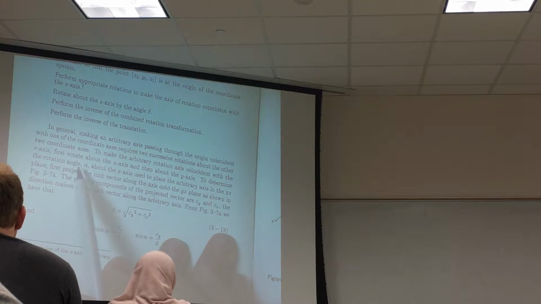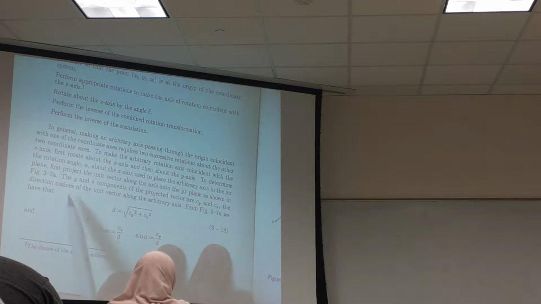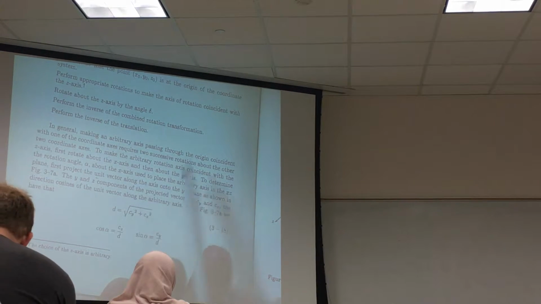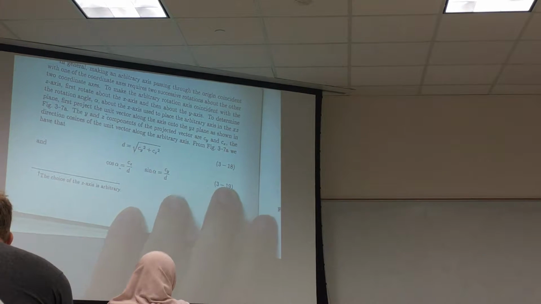To determine the rotation angle alpha about the x-axis, we do the same thing, finding d using the components, and then the component over d, the length of the projection onto that plane, gives us cosine alpha or sine alpha.